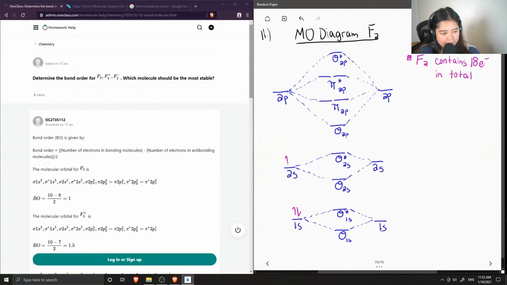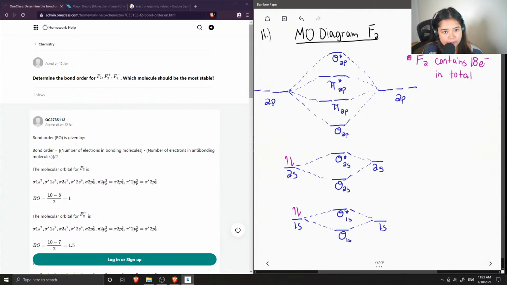1, 2, 3, 4. And our 2p should have the 3 orbitals here, because a p orbital can hold 6 electrons. So that's why we need 3.